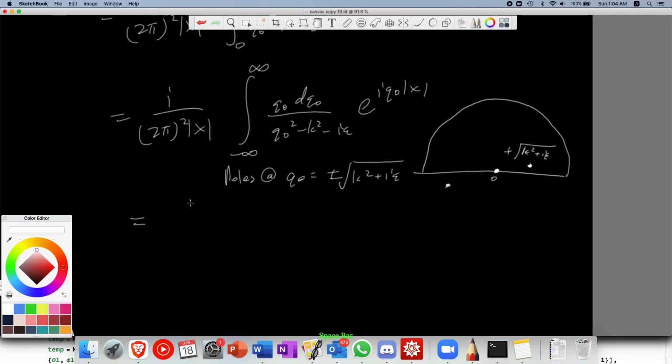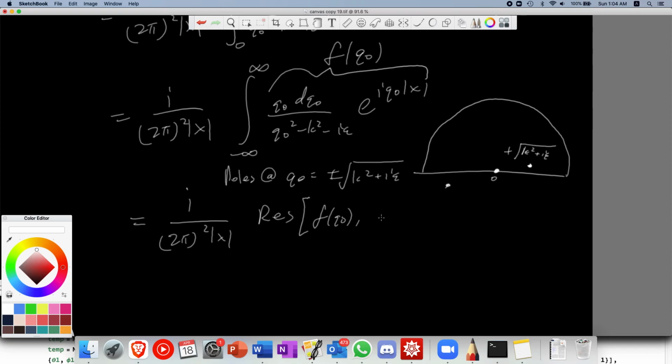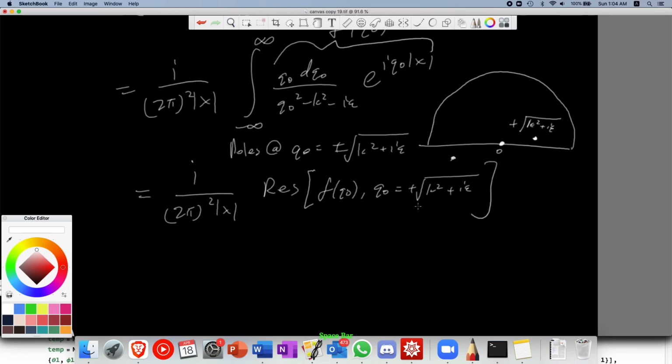So we have I over 2 pi squared x, and then we have the closed contour integral, which is just the residue. So let this term be f of q naught. So residue f of q naught at q naught equals to plus this pole. The residue at a pole can be calculated using the conventional method.